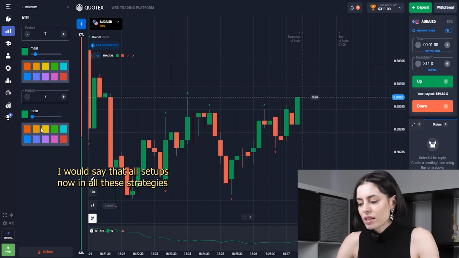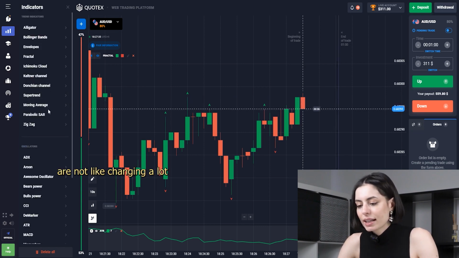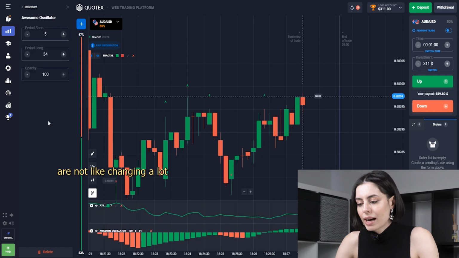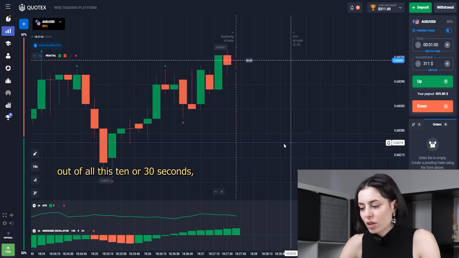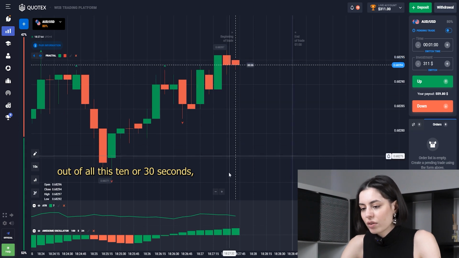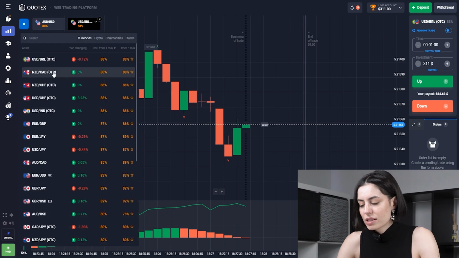All setups in all these strategies are not changing a lot, because I just choose the same parameters out of all these 10 or 30 seconds. It doesn't make much of a difference.